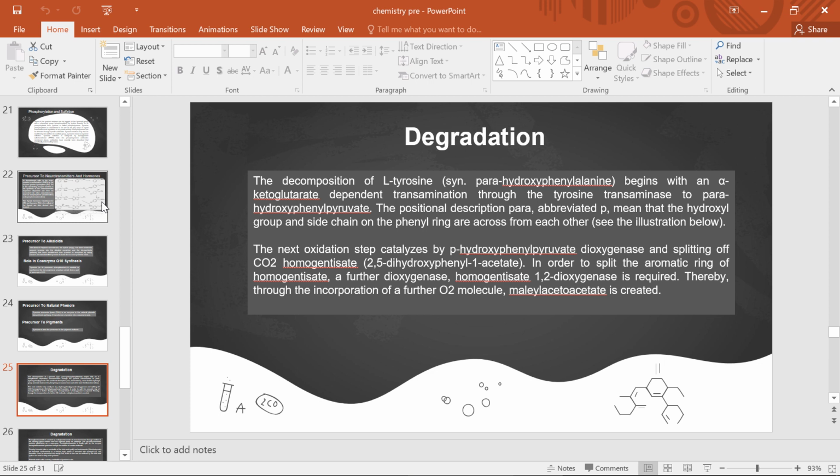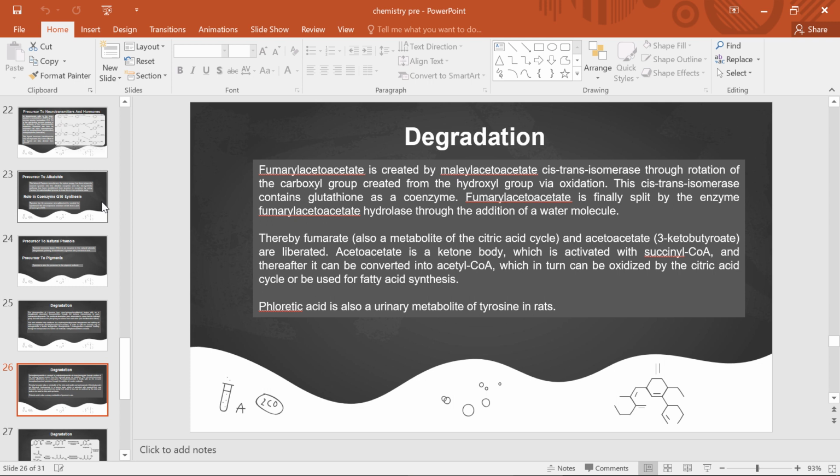The next oxidation step is catalyzed by p-hydroxyphenylpyruvate dioxygenase, with splitting of CO2, producing homogentisate, 2,5-dihydroxyphenyl-1-acetate. In order to split the aromatic ring of homogentisate, a further dioxygenase, homogentisate 1,2-dioxygenase, is required. Thereby, through the incorporation of a further oxygen molecule, maleylacetoacetate is created.